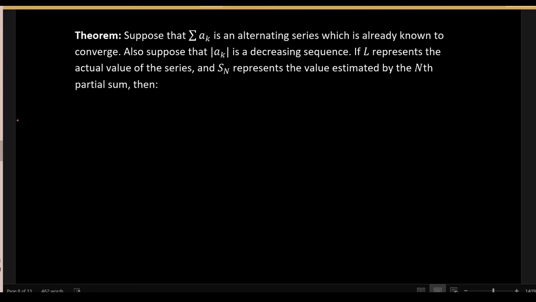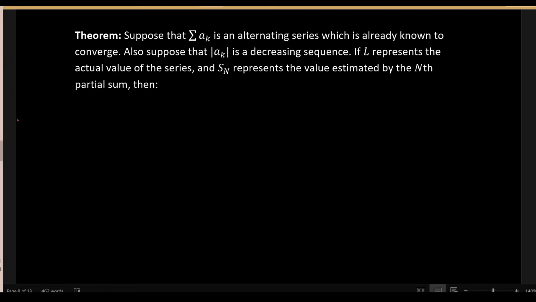For an alternating series, we have a different estimate, though, that can be used to get an idea of how far our nth partial sum is from the true value of the series. So let's suppose that we have an alternating series, the sum of a_k, which we already know does converge to some value, and now we're trying to figure out what value it might converge to. Let's also assume that the absolute values of these terms, the magnitudes, are decreasing.